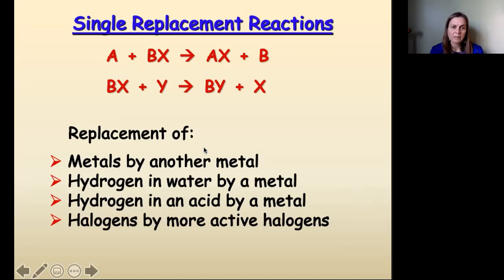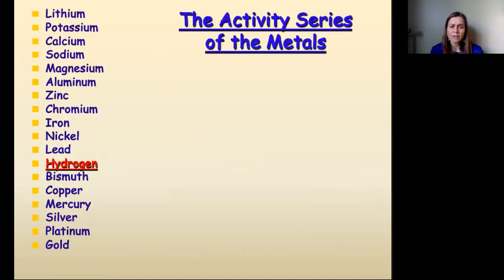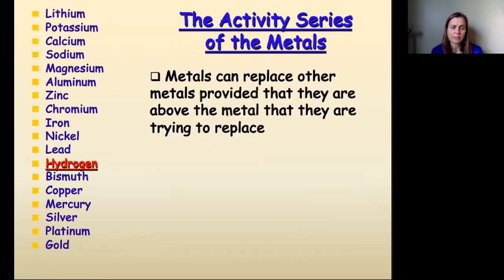Now, when we talk about single replacement reactions, just because we put an element and a compound together does not mean that every single one of these reactions is going to happen. So we're going to talk about something called an activity series. The higher a metal is on this list, the more active it is, and that means it will replace another metal if it is above the metal it is trying to replace.